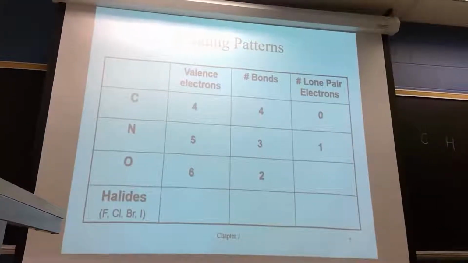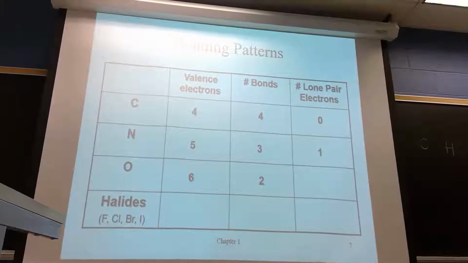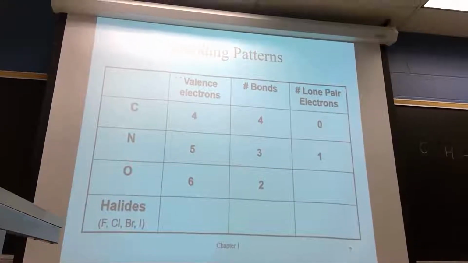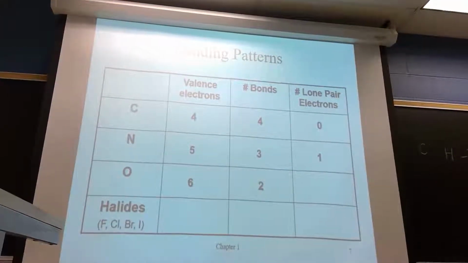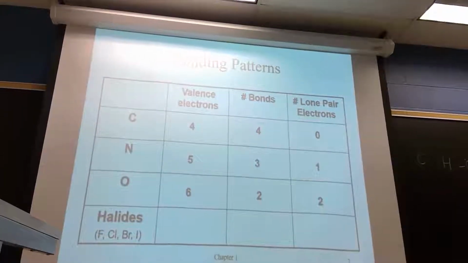And lone pair electrons, non-bonding: 2. So oxygen, 2 bonds. There have to be 8 around. So 2.